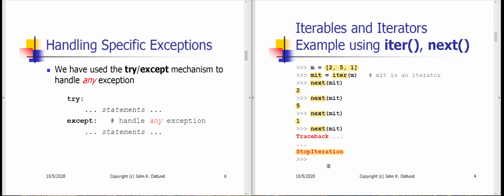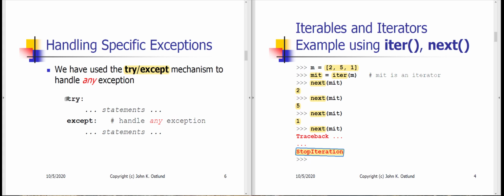Now, because when we run out of values, the StopIteration exception is raised, we're going to have to use the try and except mechanism to wait for and deal with that StopIteration exception. Previously, in examples that I've shown, we've used the try and except mechanism in the most trivial way.